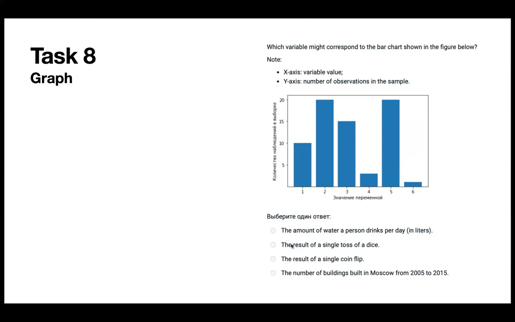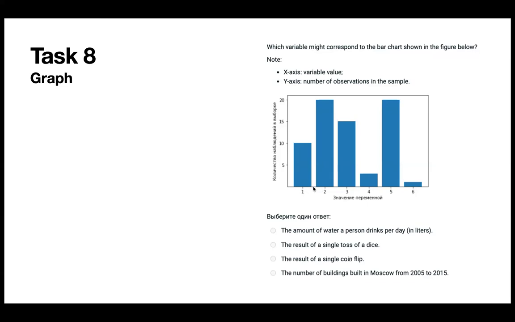Next, we got the result of a single toss of a dice, and that looks true to me because we got 6 values on a dice. Yes, and that corresponds to our values. Next, we got the result of a single coin flip, and that's not the case here, because what can it mean in a single coin flip?